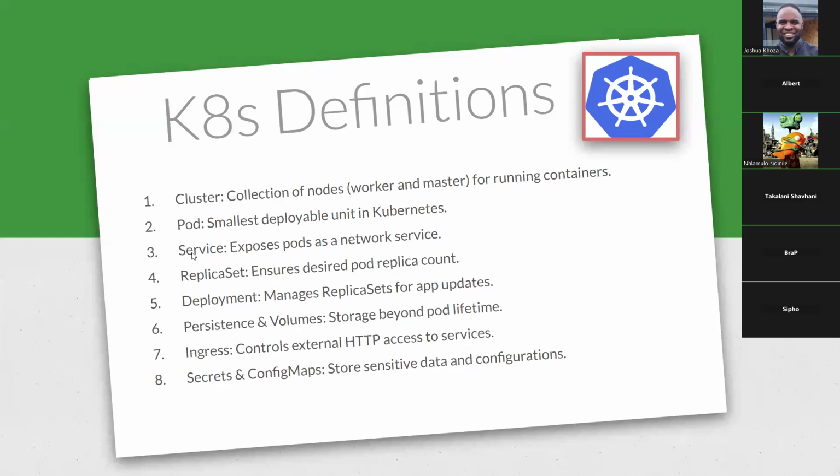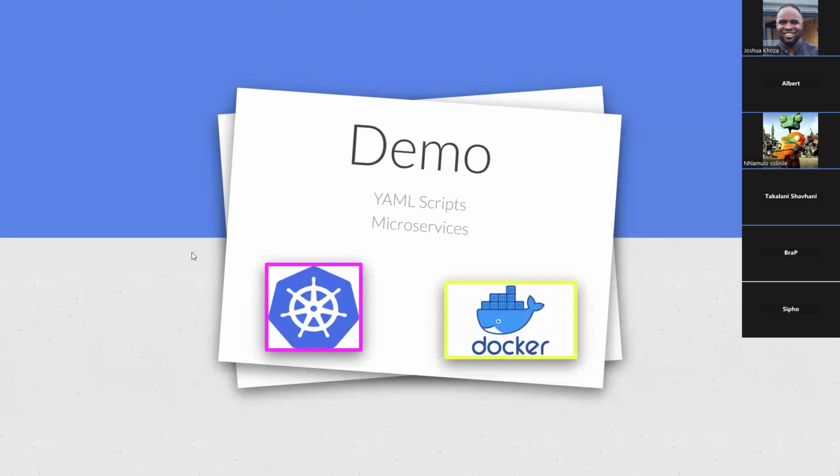So these are what we're going to cover today. Then I'll move on from here. We've had enough of the theory and the words and all of that. So let's see how our YAML scripts are, and then let's see our microservices for this specific demo.